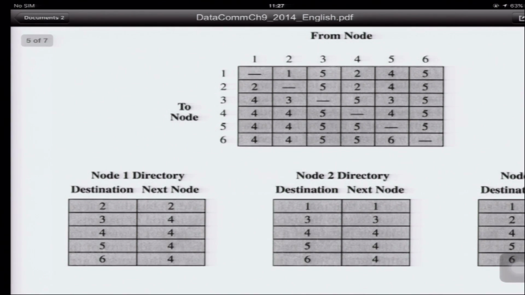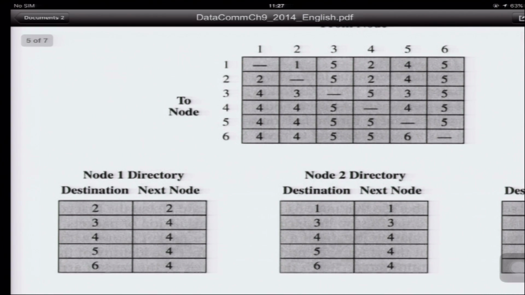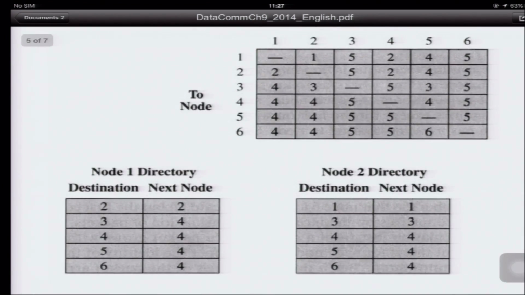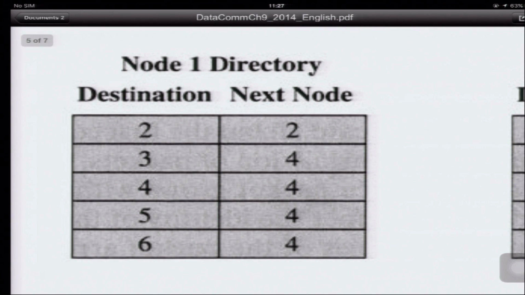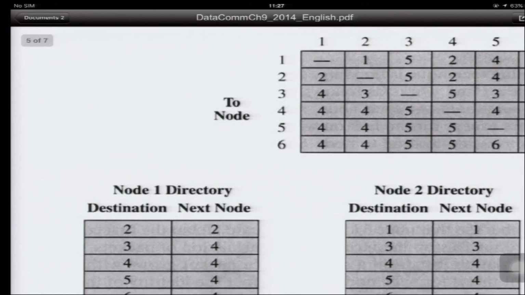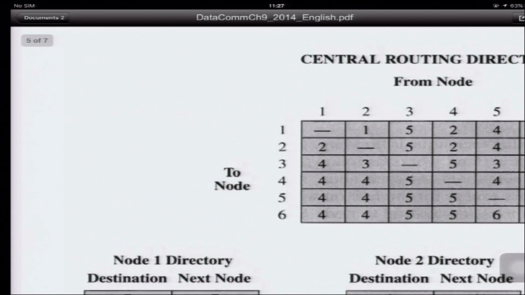Now, if you look inside of the node 1 directory, you can copy the first column. So inside of node 1, you will have this table: you want to go to node 2, go to node 2. You want to go to 3, 4, 5, 6, go to node 4, which is exactly the same as what you copy from the first column of the central routing table.